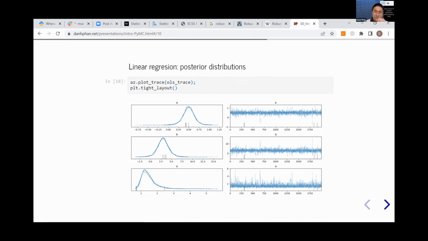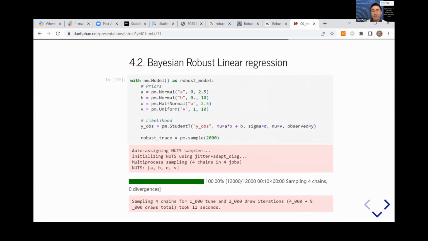So what about robust linear regression in Bayesian ways? We will do the same process, right? We will set the priors for that, but now instead of assuming the data is in a normal distribution as before, we need to use the Student T distribution, because the Student T distribution looks similar to the normal distribution but it has a long tail.